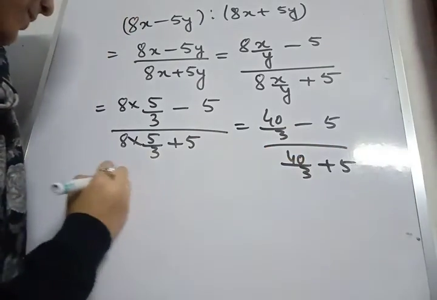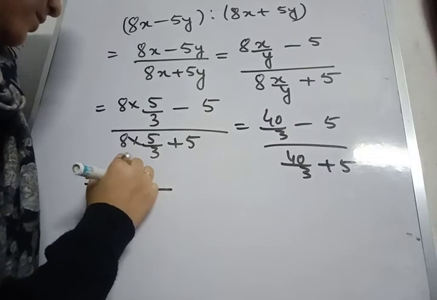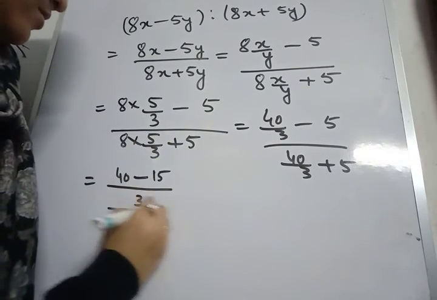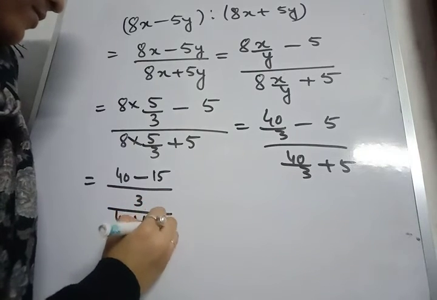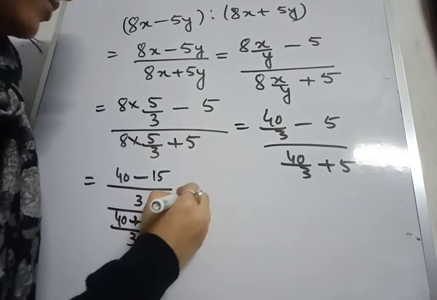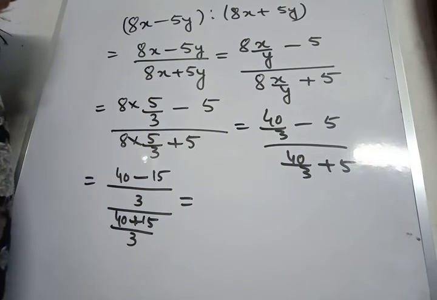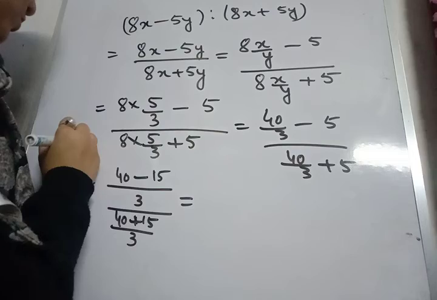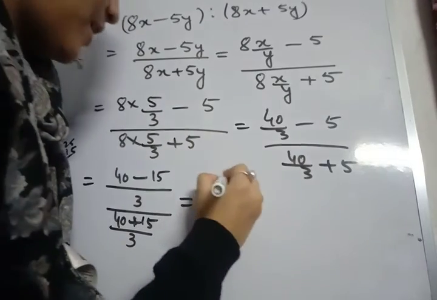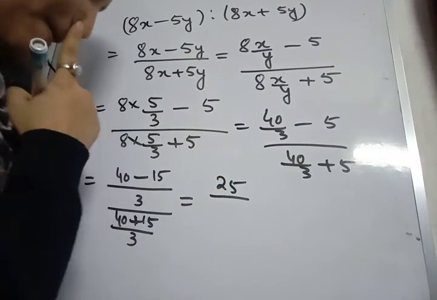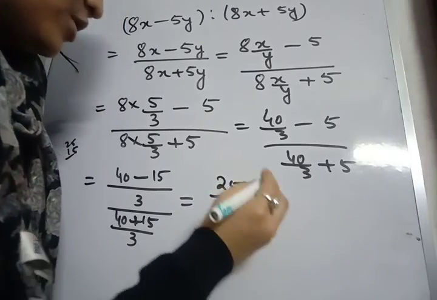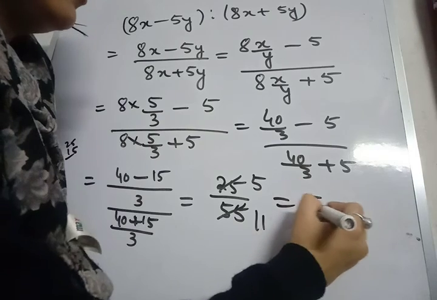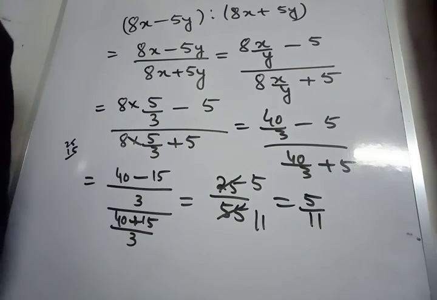We take the LCM, that is 3, 15. So 3 gets cancelled. So 40 minus 15 is how much? 25 by 55. So 5 11s are 55 and 5 5s are 25. So this is my value, 5 by 11 or 5 is to 11.